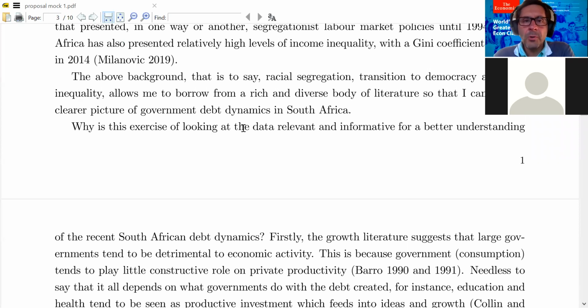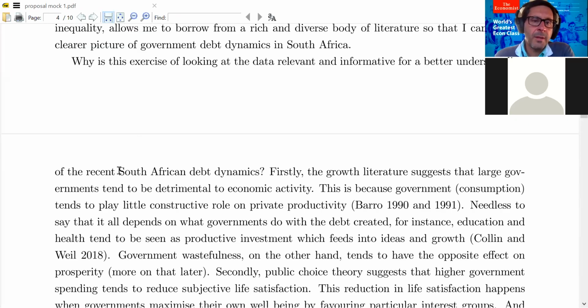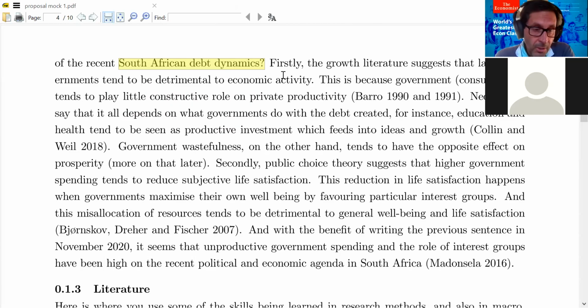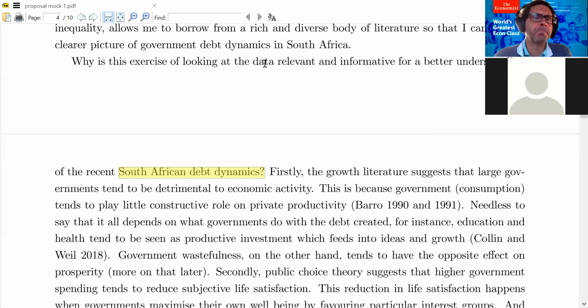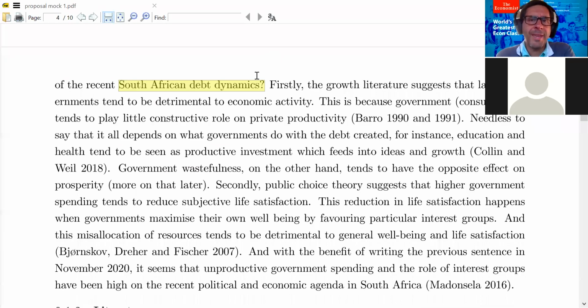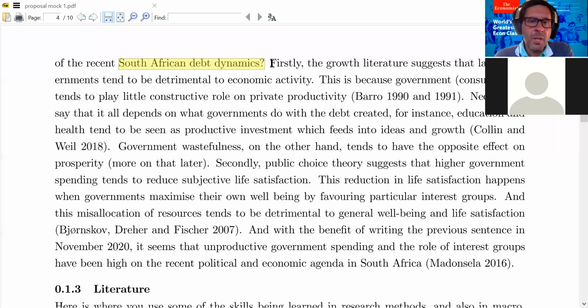Why is this exercise of looking at the data relevant, informative for a better understanding of the recent South African debt dynamics? It's still motivation, right? It's a long paragraph, folks, but you can just create paragraphs.